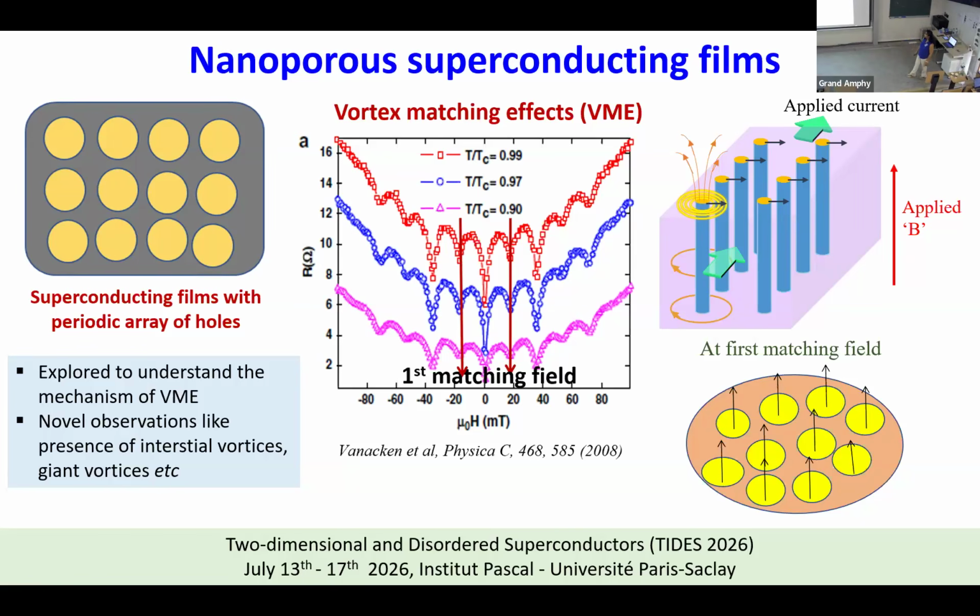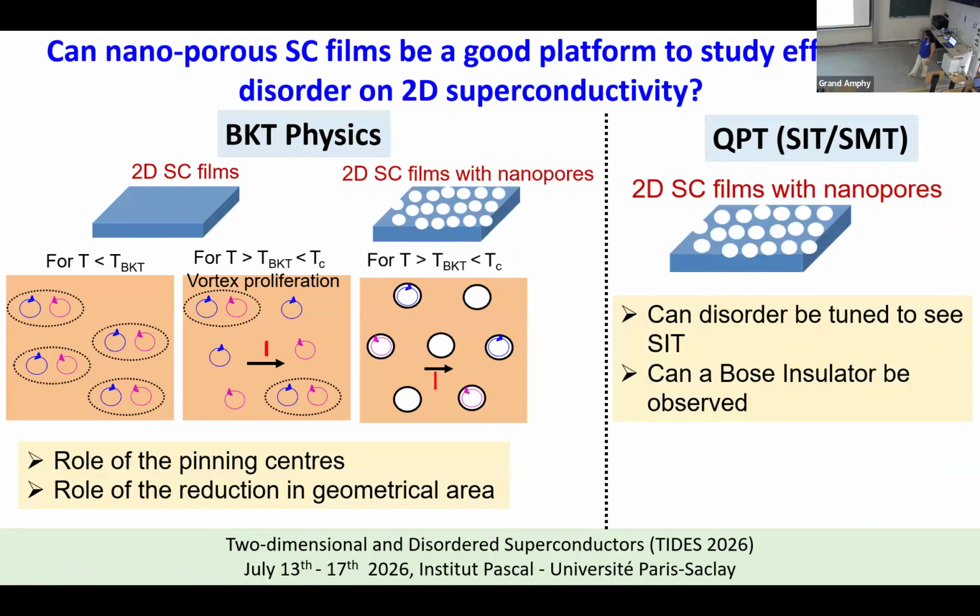in our system. Okay. So as I said, in these kind of systems, we want to look at BKT as well as QPT. Now why BKT? Because we have this system that has been designed to have these holes, and these holes are nanoporous, and this will actually reduce the superfluid density. And if it reduces the superfluid density, we expect that the stiffness should also decrease.